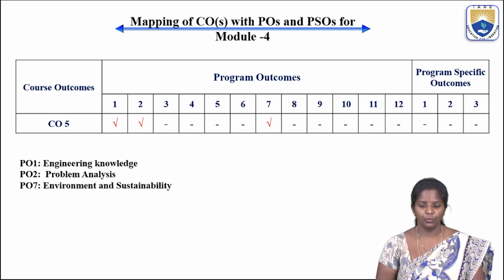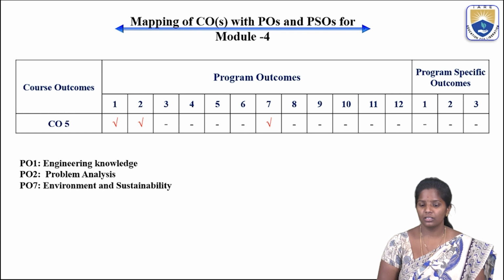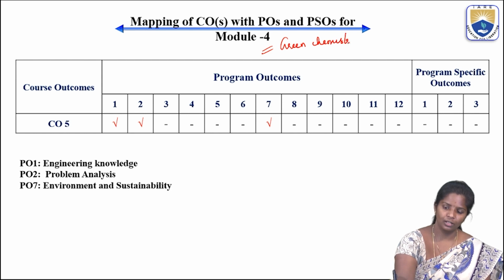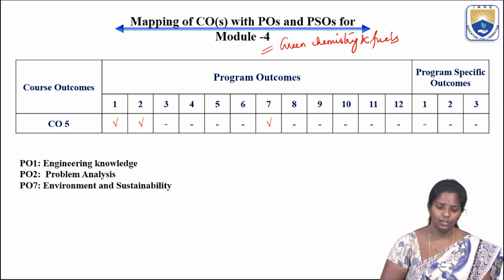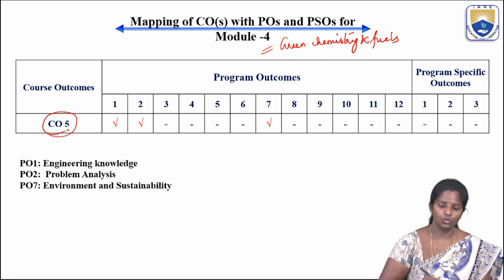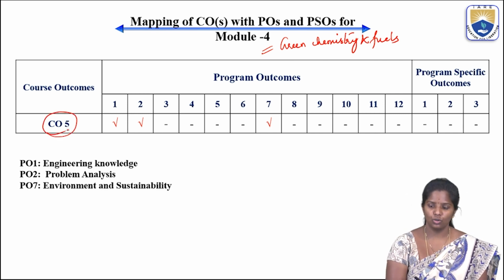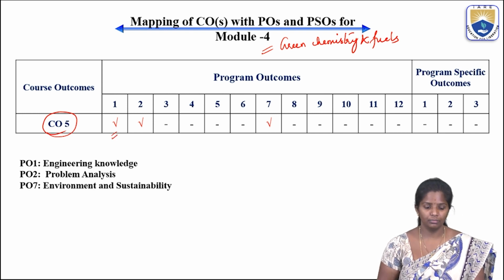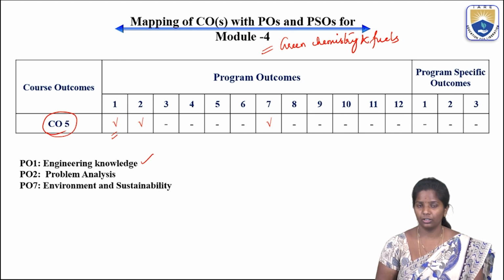Then coming to the program outcomes and its mapping. For module 4, green chemistry and fuels, it comes under course outcome 5. It is mapped with program outcome 1, because we should have engineering knowledge of that particular topic.